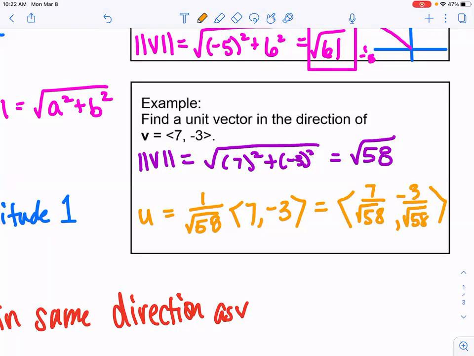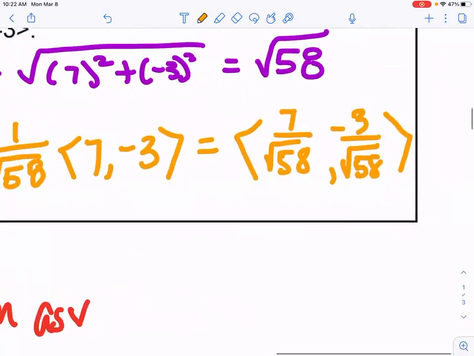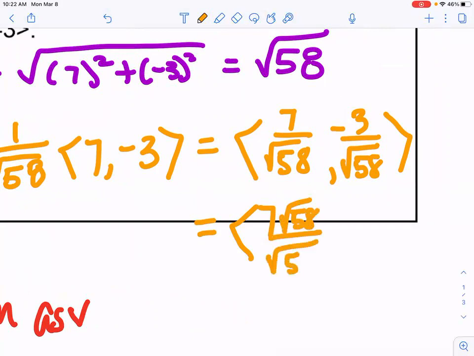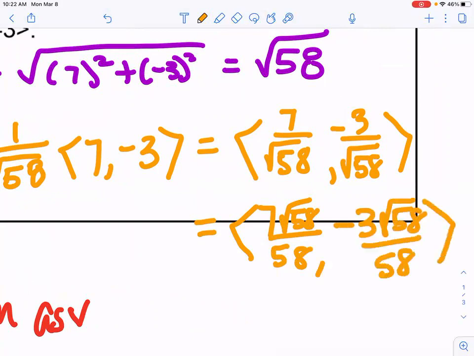But is this how I would expect you to leave it? No, obviously not. It's 7 radical 58 over 58, and -3 radical 58 over 58, when we rationalize our denominators.